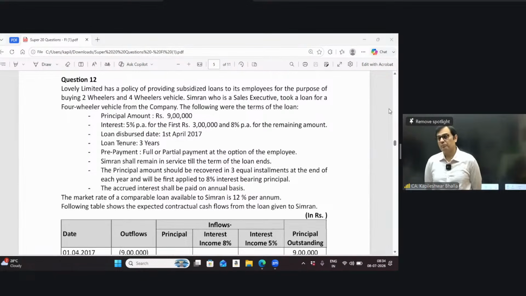Most importantly, the prepayment has to be split into 2 components of cost. The accrued interest shall be paid on an annual basis. The market rate of interest on a similar loan is 12%. So very clear, the contracted rate is below the 12% mark, and therefore it's an off-market transaction, an employee relationship, and therefore it's a concession loan.